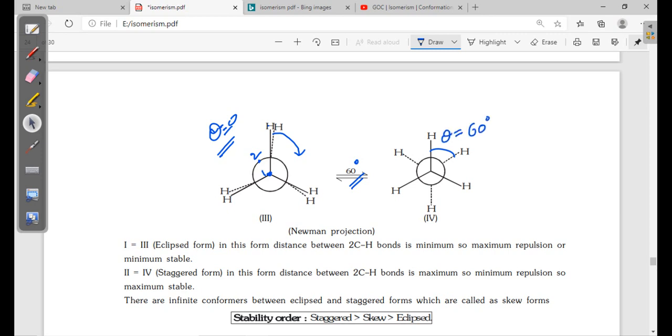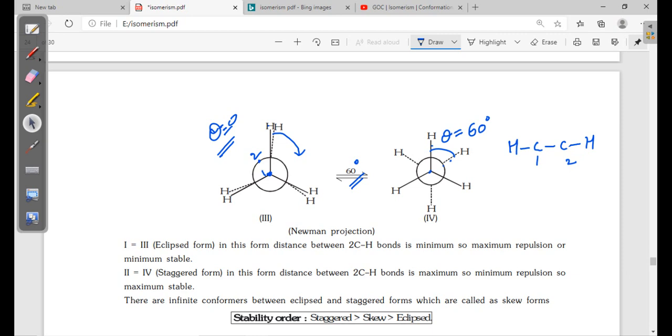Now you understood clearly what the dihedral angle is. Dihedral angle means the front carbon's C-H bond and the second carbon's C-H bond. The angle between these two sigma bonds is called the dihedral angle.